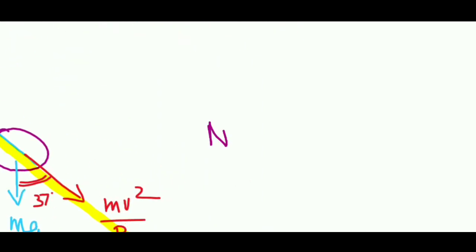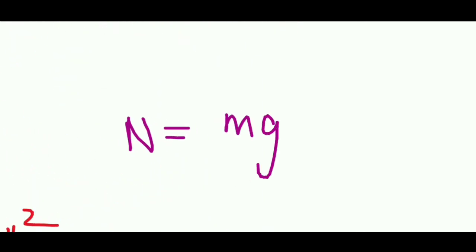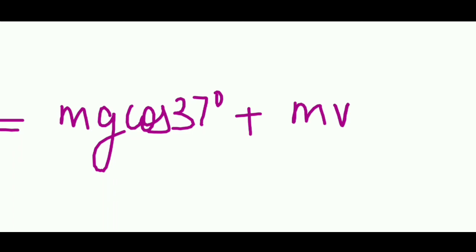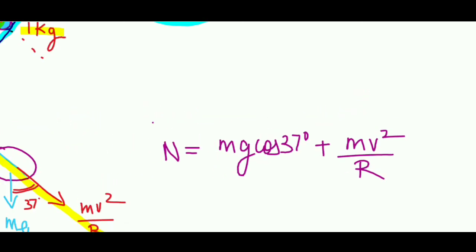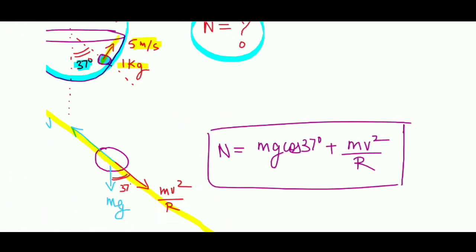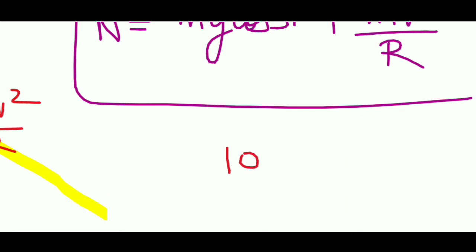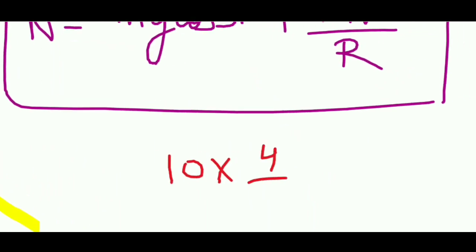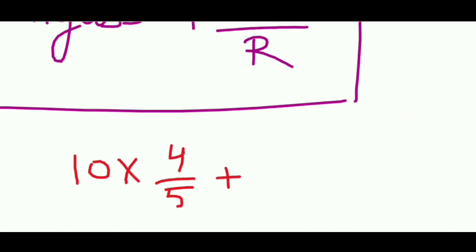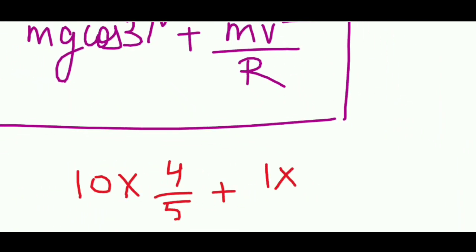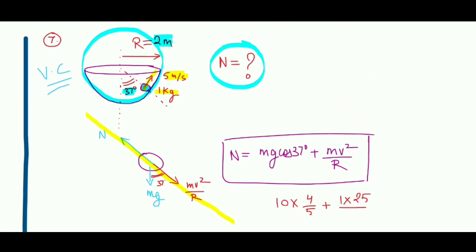So N equals mg cos 37 degrees plus mv square by r. By solving this equation, you will get the value of the normal. So let us put the values and solve it. Mass is given as 1 kg, so 1 into 10 multiplied by 4 by 5, plus 1 multiplied by 25 divided by the radius. The radius is given as 2.